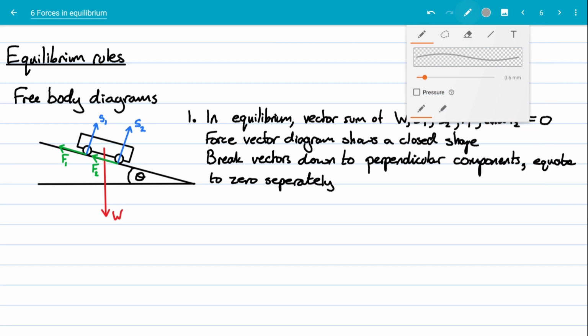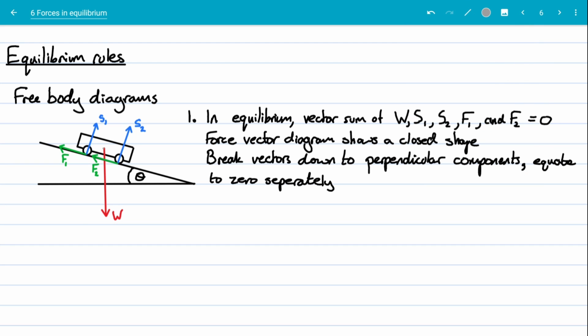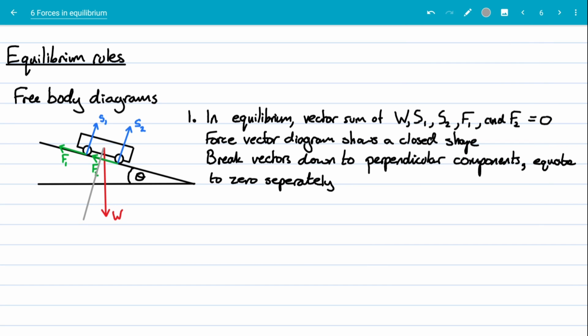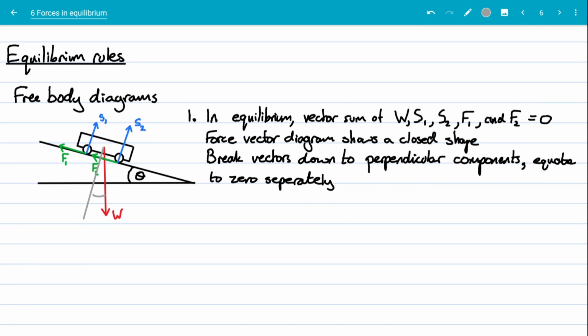And we've done this quite a few times by now, so that should tell you just how important this is. The grey line I've just drawn is perpendicular to the inclined ramp, and therefore this angle here is also theta, must be. And so this is going to be right angles. So we've got our little triangle there.